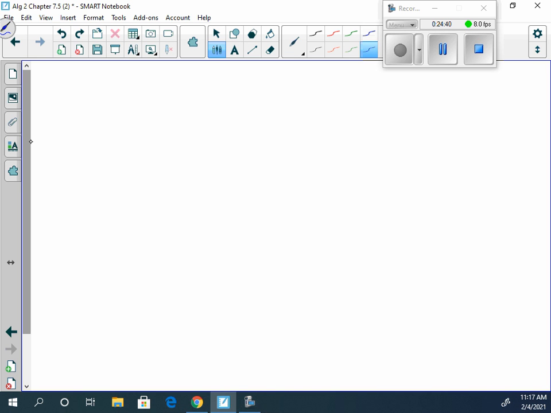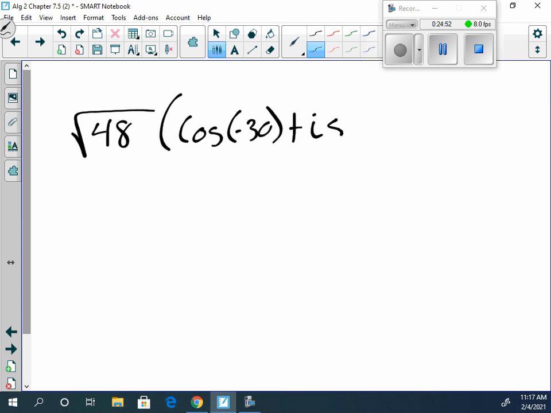Standard form. I actually like this. So the first one is the square root of 48 cosine of negative 30 plus I sine of 30. What is cosine of negative 30?